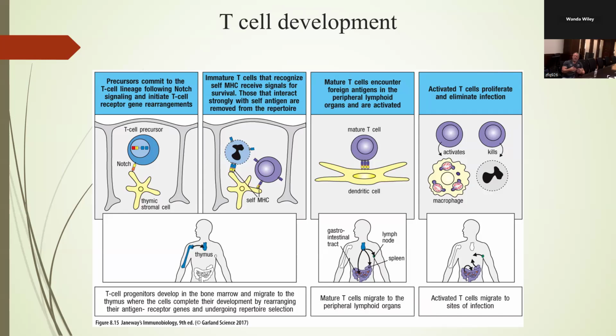Because many cells within the body come from the bone marrow, and the immune cells are no different. So in the bone marrow, you have this mama cell, for lack of a better word. It's called a pluripotent stem cell, but you have this mother cell come out of the bone marrow.